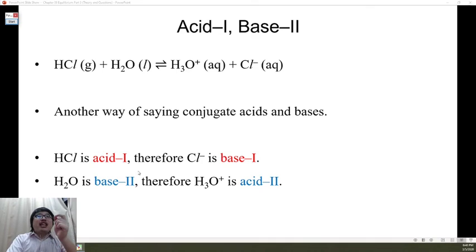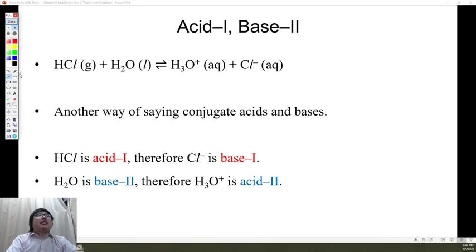Rarely they say acid one, base one, which is just another way of saying it: HCl donates proton to form Cl minus, acid. Cl minus accepts proton, base. Why is it one? That one shows that these two are linked.